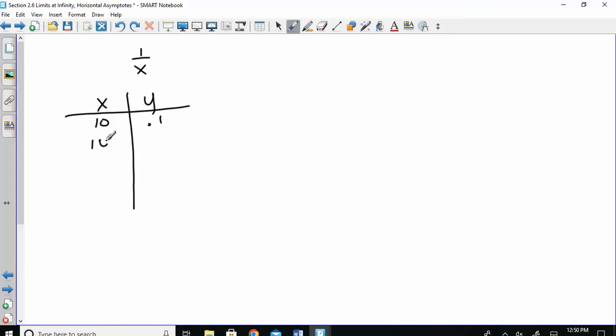If I put in 10, I get 0.1. If I put in 100, what do we get out? 1 over 100, so 0.01. If I put in 1,000, what's happening to these y values? They're getting closer to 0.